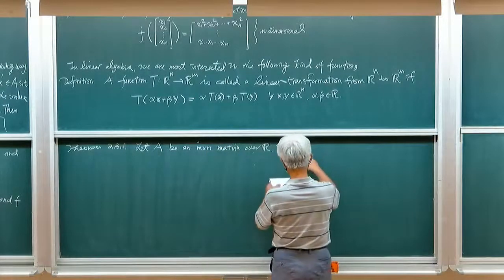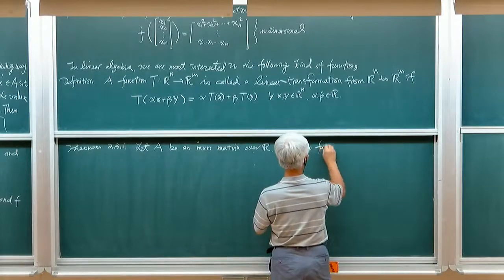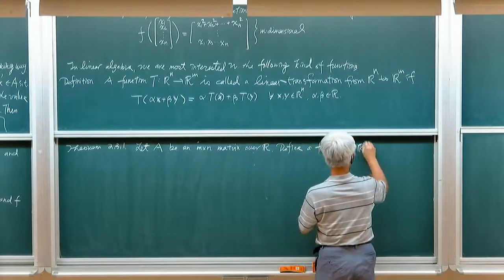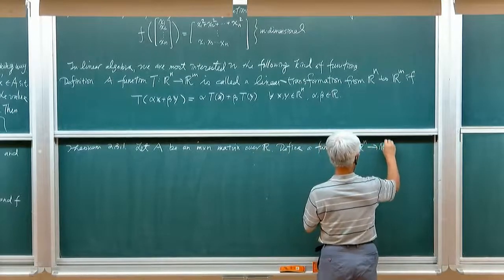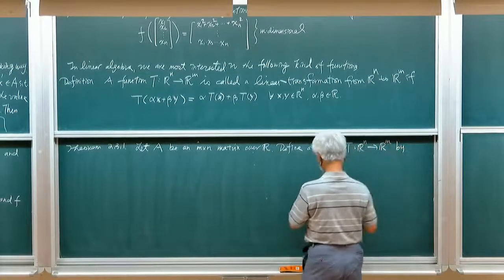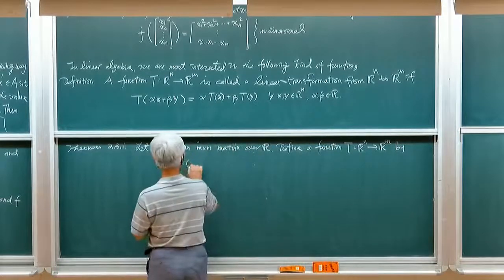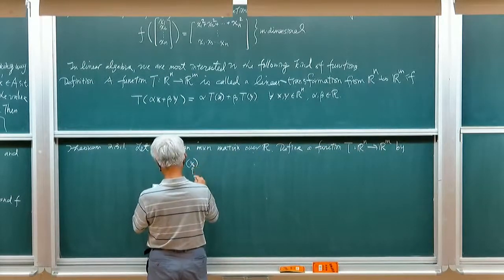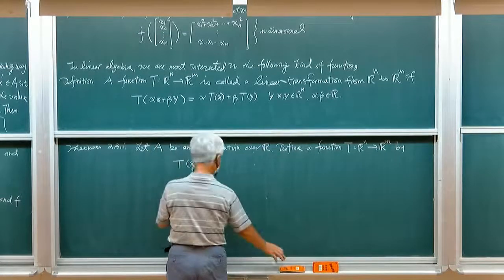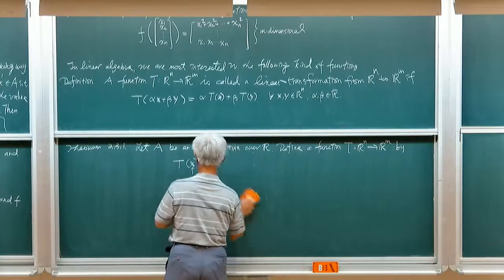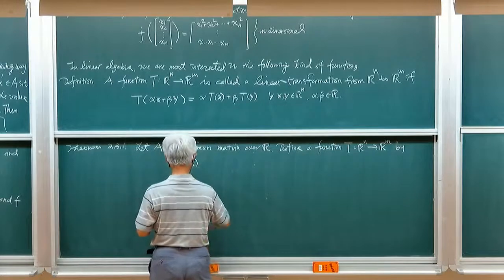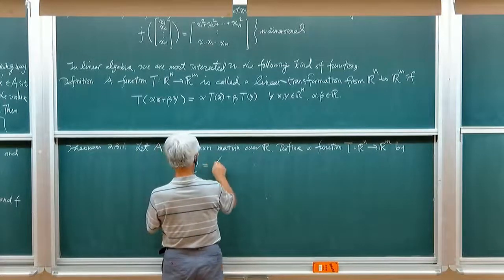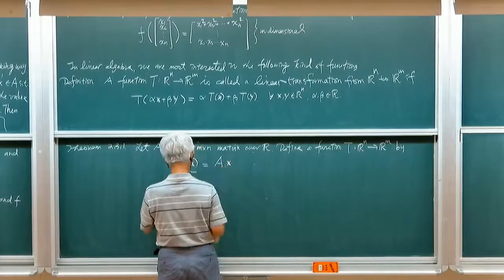Now define a function T from Rn to Rm by the following formula: T of x, which is m times 1, is equal to A multiplied with x.